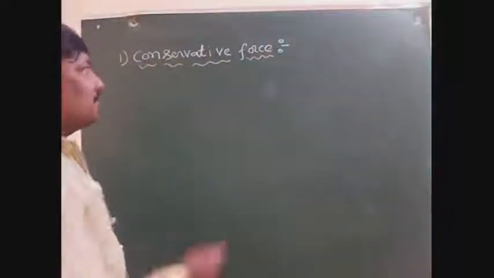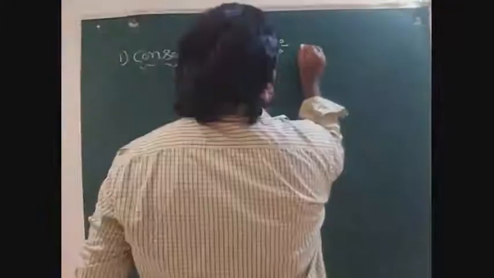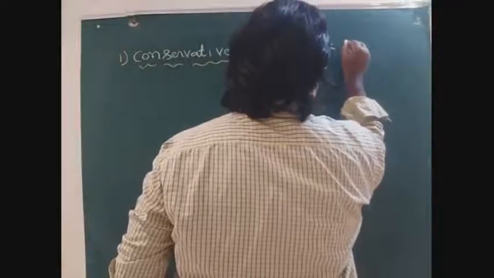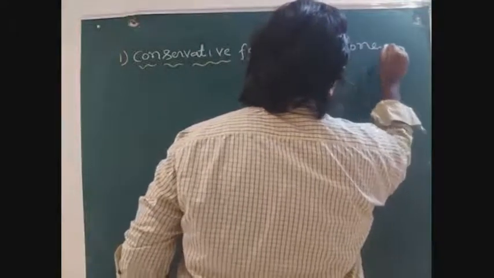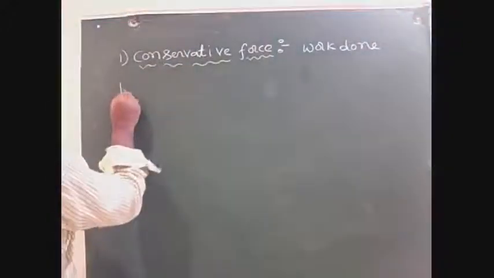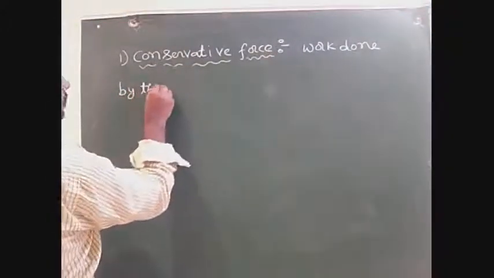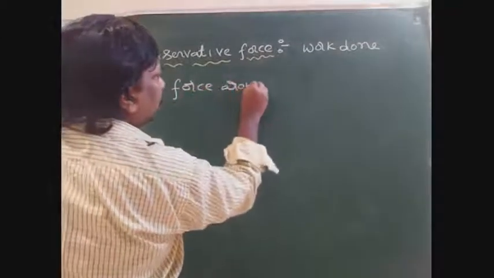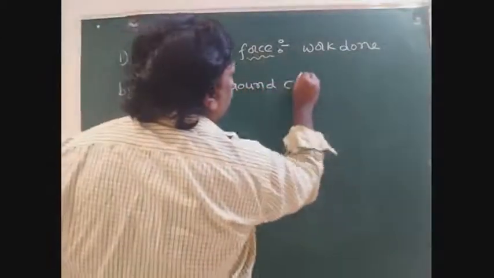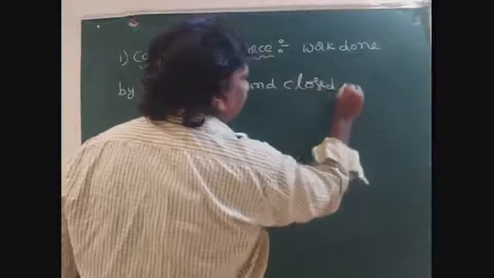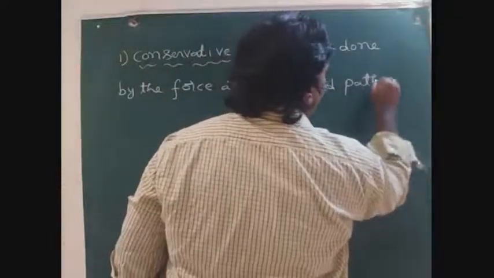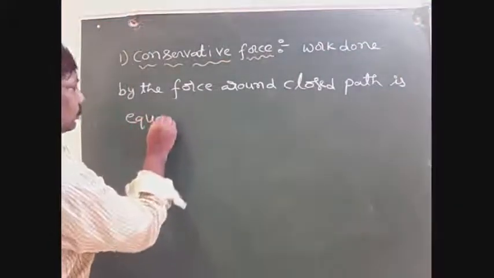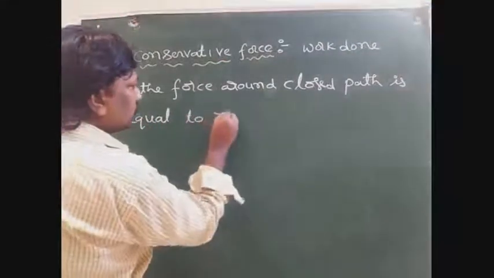I can write it as: work done by the force around a closed path is equal to 0.